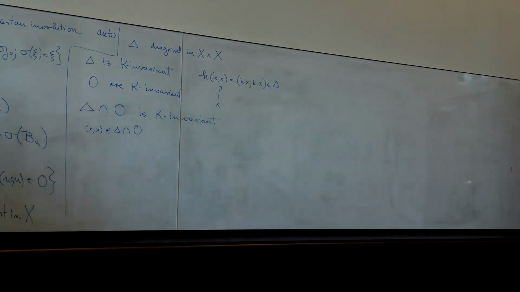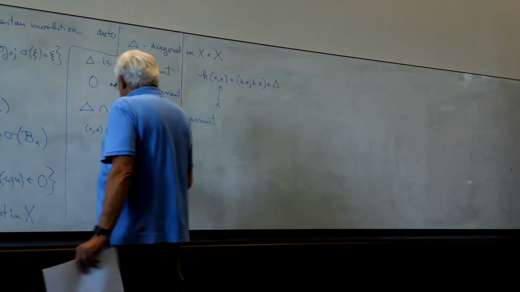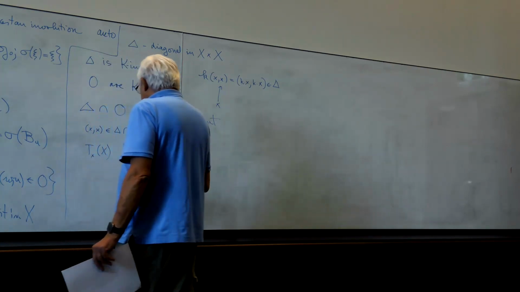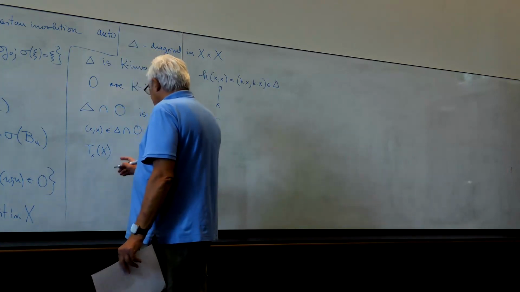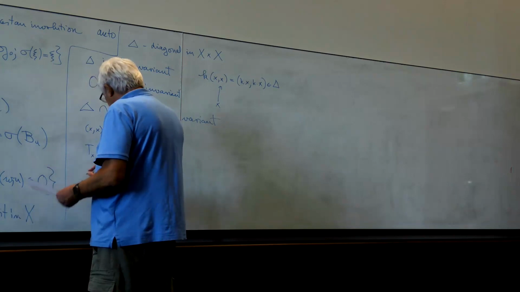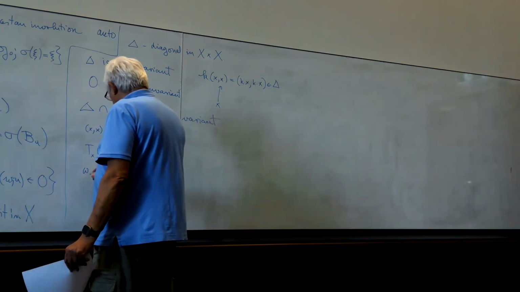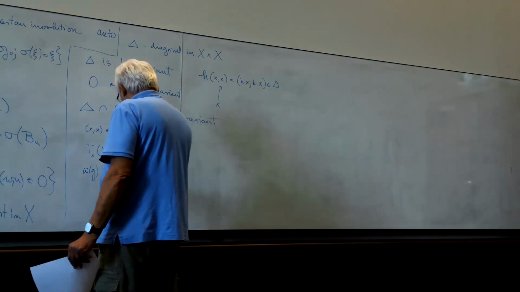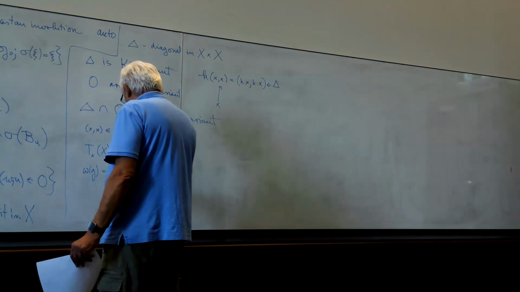Then I can look at the tangent space at this intersection. So first of all, the tangent space of the flag variety at the point x I can identify, if I look at the orbit map, which I denote by tau x, from G into X, g applied to x.